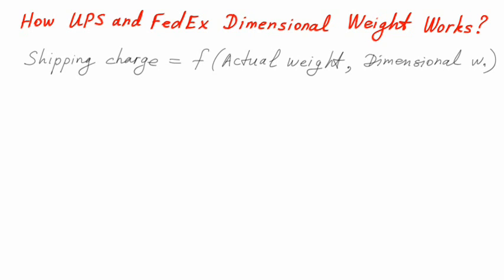So it's actually also possible to write the shipping charge. The shipping charge is a function of actual and dimensional weights. But we can also define what is called a billable weight.